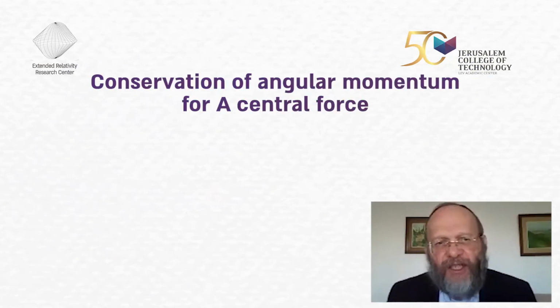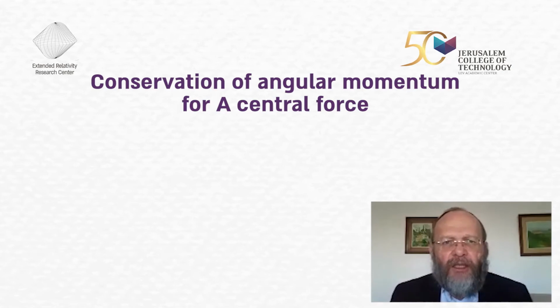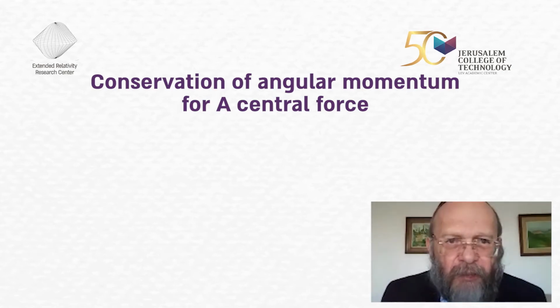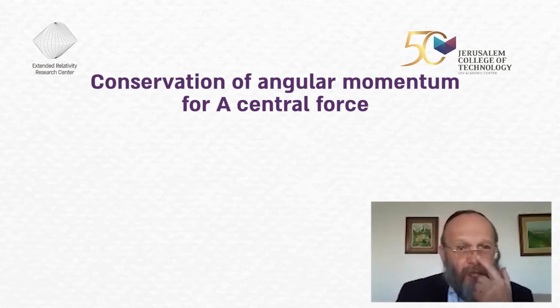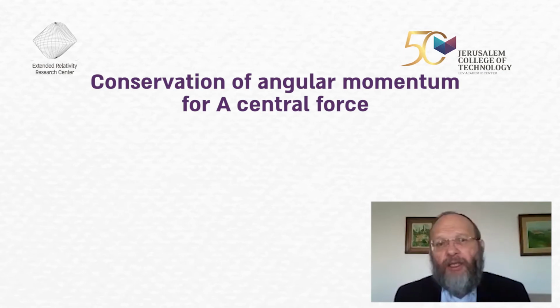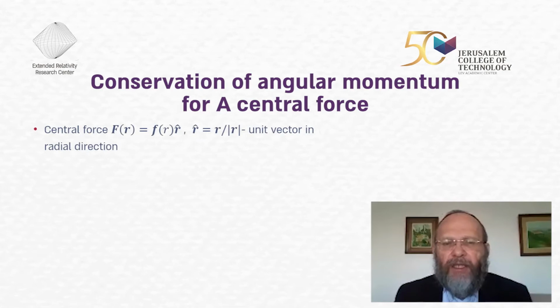We need another conservation law, which is called conservation of angular momentum. Conservation of angular momentum holds only for a central force. A central force is a force which has the radial direction.